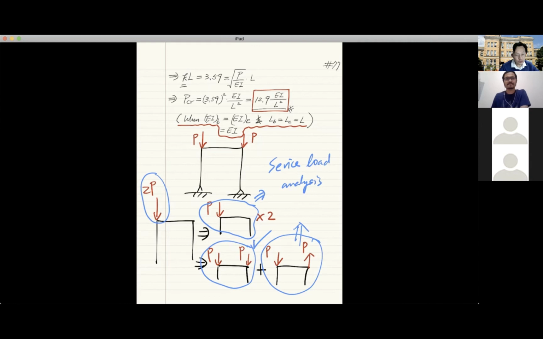The principle of superposition is only applicable to predictions of the surface load response. But from our analysis, you know that surface load analysis is what we call ASD. If you use LRFD, this is what we call ultimate load.